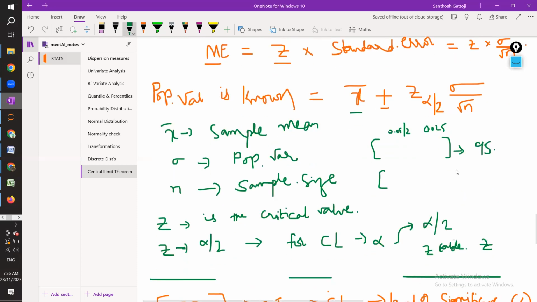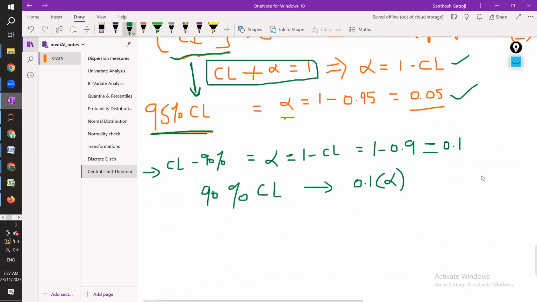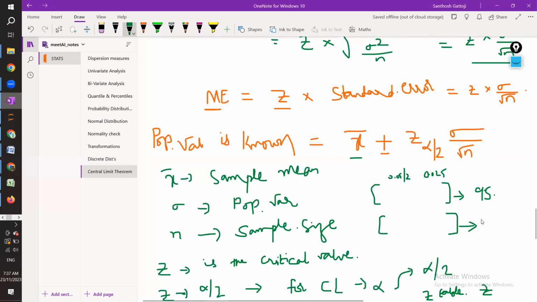Whatever confidence interval I get, I'm saying I'm proposing this confidence interval so that you will capture the true population mean, but with a confidence level of how much, guys? 90%.